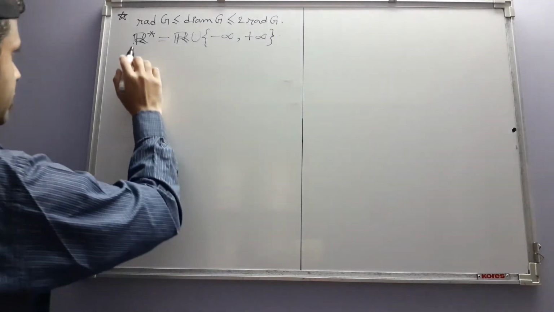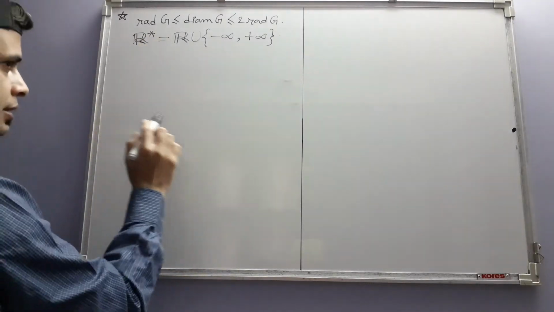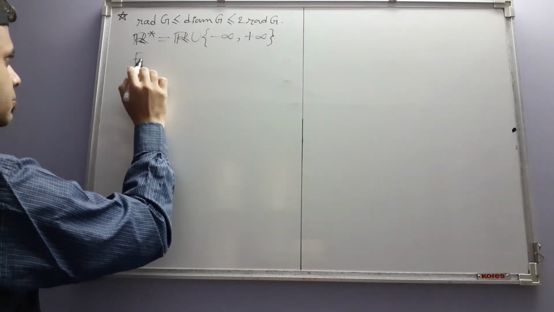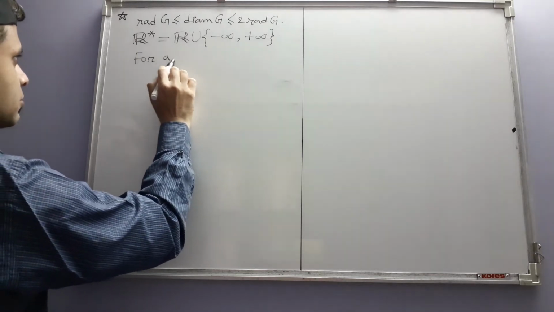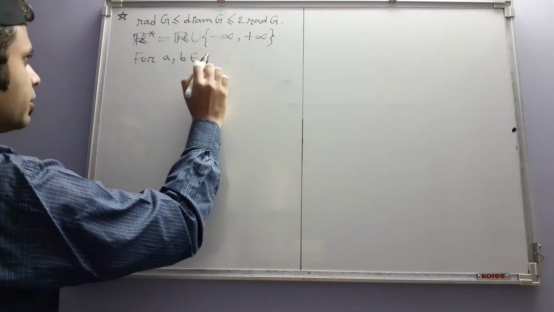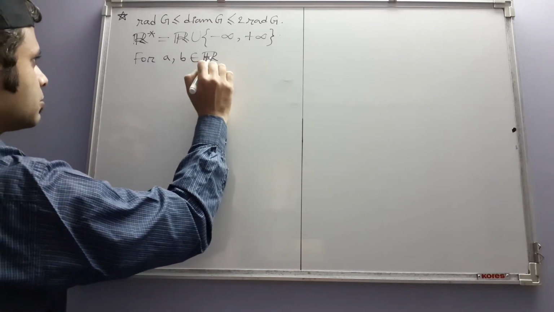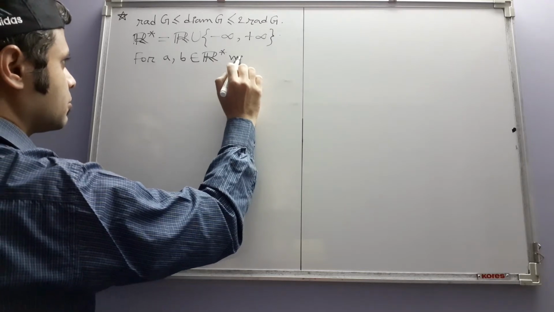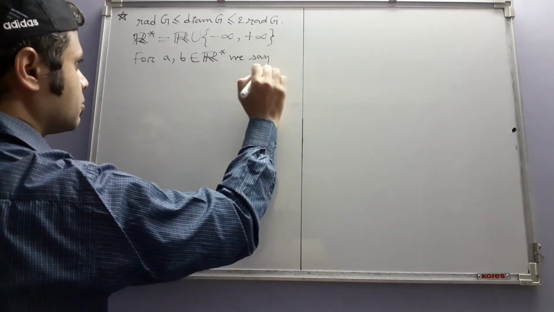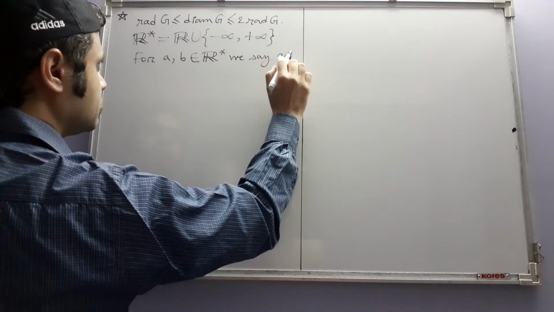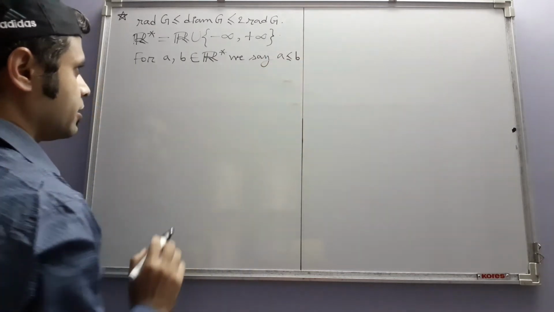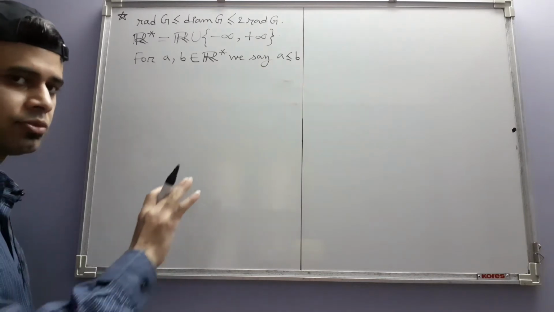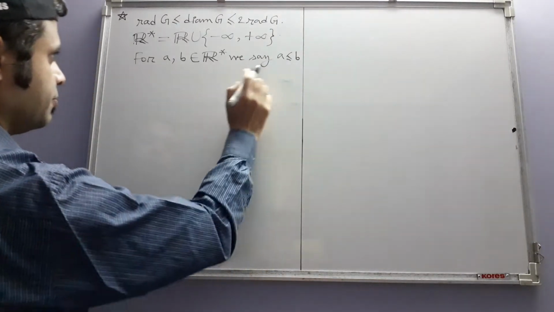And the order relation we have on R star is defined like this. For two extended real numbers A and B, we say A is less than or equal to B. We are using the same symbol for this ordered relation also.